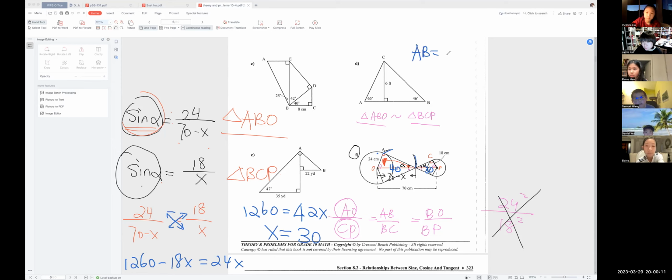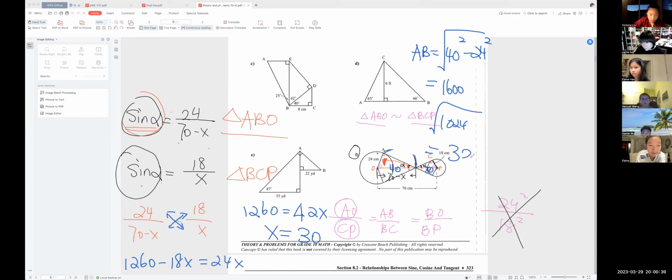So AB equals the square root of 40 squared minus 24 squared, which is the square root of 1600 minus 576, the square root of 1024. So the square root of 1024 equals 32. So AB equals 32. Understand? So this question is the hardest one.